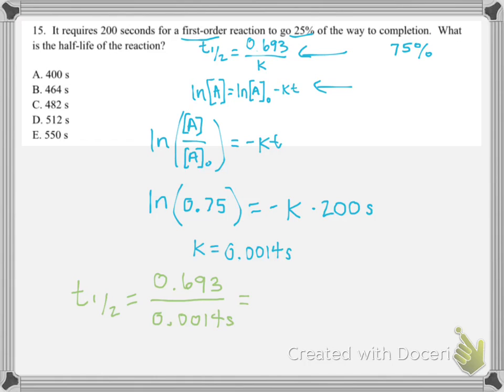And this ends up being 482 seconds, which does correspond to answer choice C. But it's important to remember that one thing that's unique to first order reactions is that the half-life doesn't depend on how much we're starting with, like it does for second order reactions.